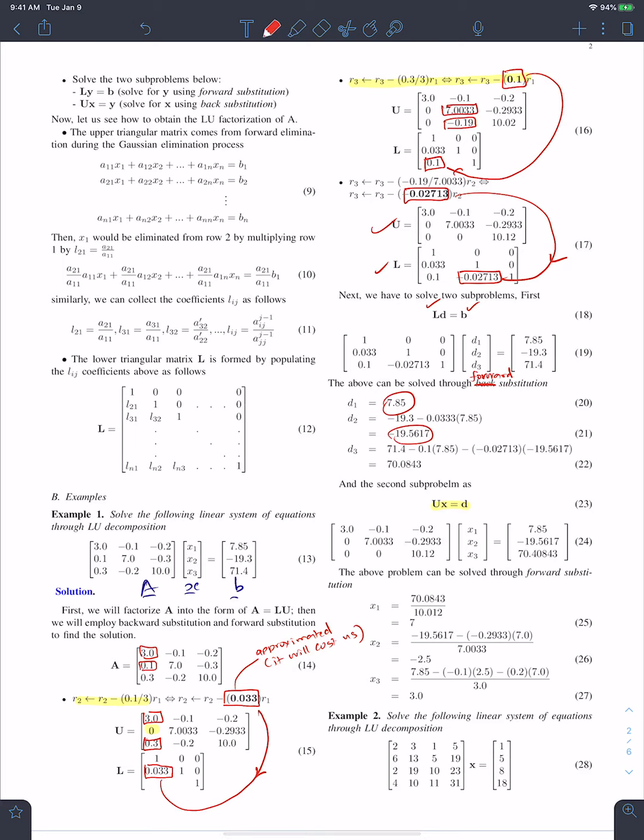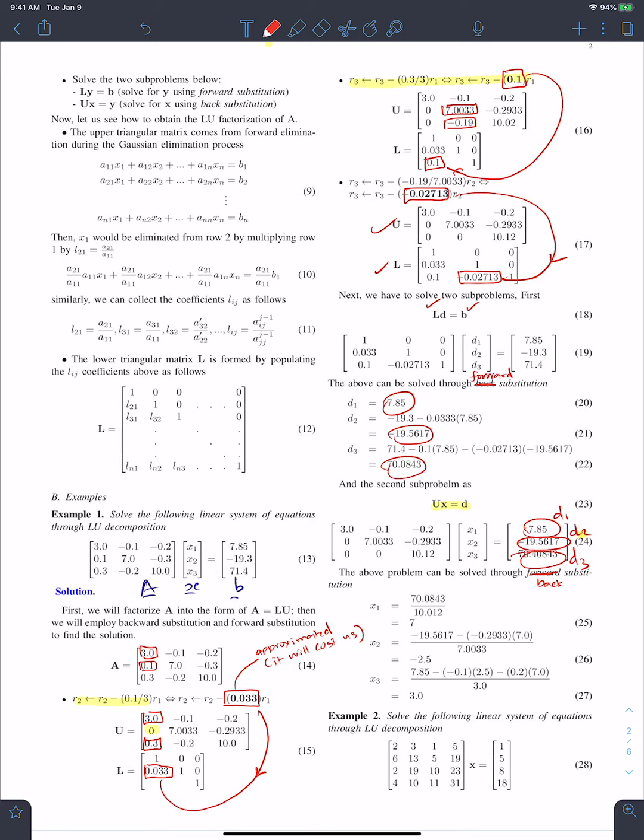D1, D2, and D3. Now we will use back substitution to solve for x1, x2, and x3. So that is how we use LU decomposition to solve a linear system of equations.